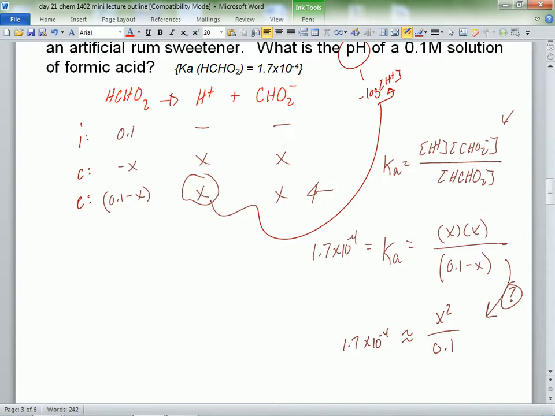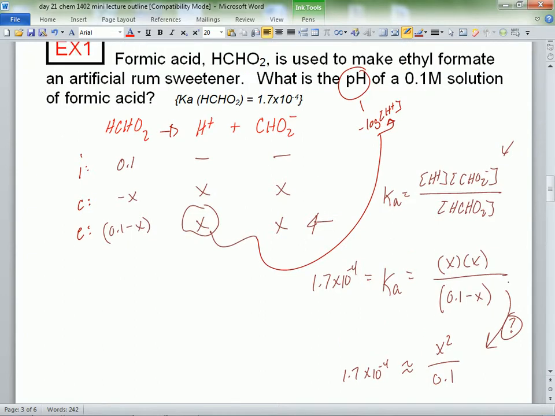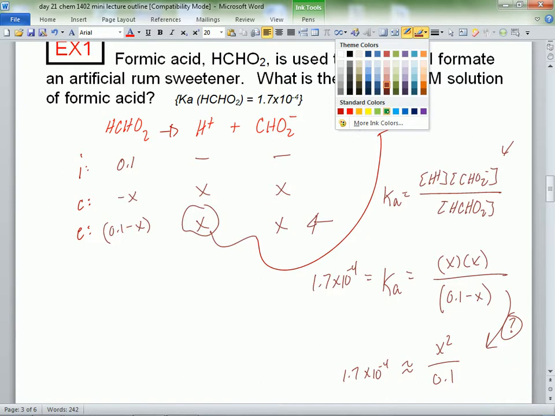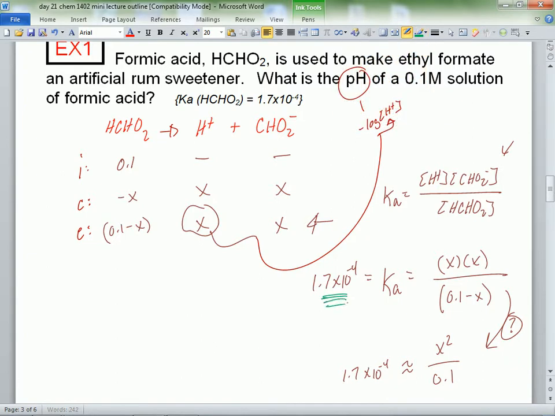Now, there's a way that you can look at this Ka and say that x is going to be really small. If this Ka is really what, then x is really small. If the Ka is really small, x has to be really small, right? Because Ka, or any K, is what over what?